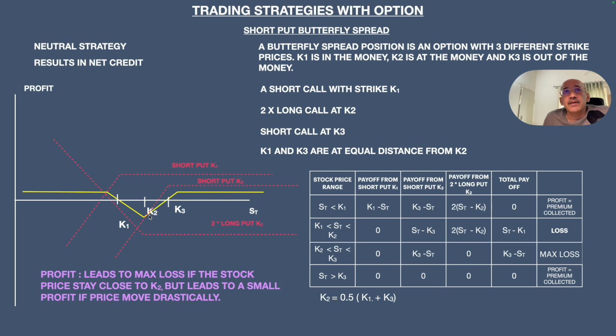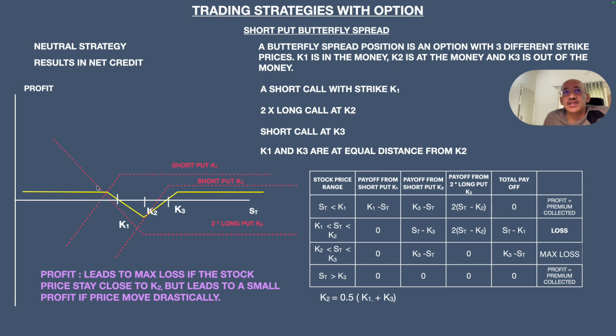Since the two long puts are taken at the money, the delta of two long puts will be usually higher than the delta of out of the money puts. So what will happen? As soon as the price starts going below K1, the two long puts will start moving exponentially higher.